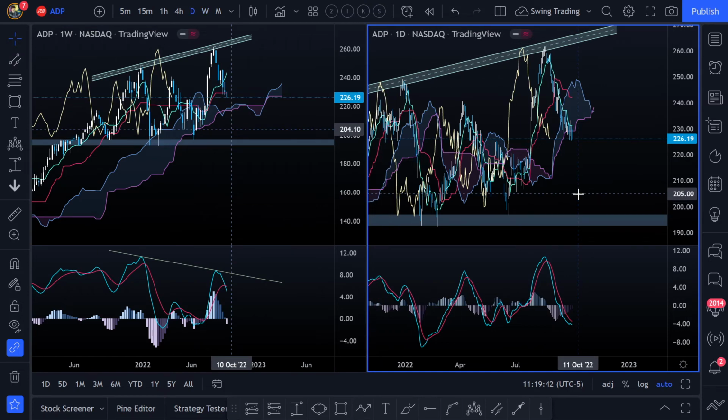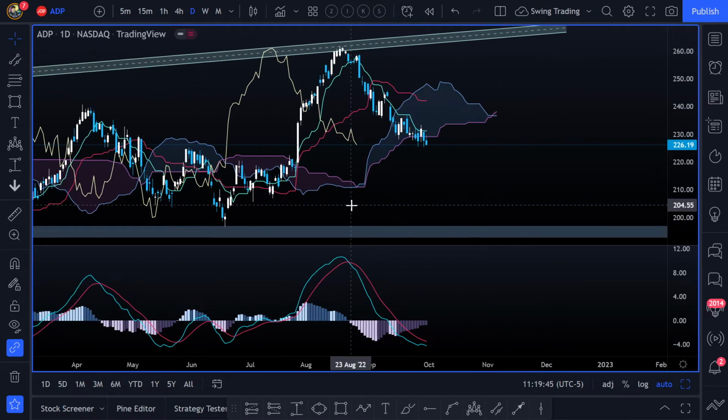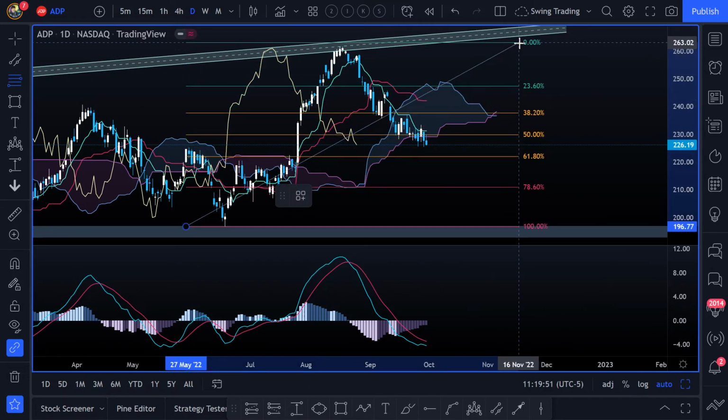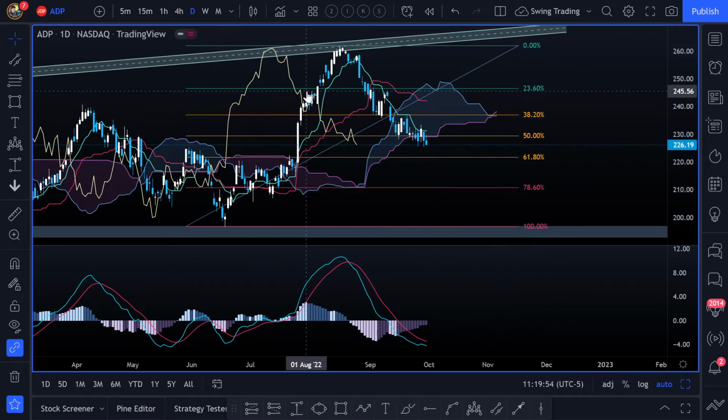So let's see the Fibonacci levels in the daily time frame. From this last bull run from June 22 all the way up to August 22, the price has retraced and it's in the golden area, between the 50 and the 61.8% level.